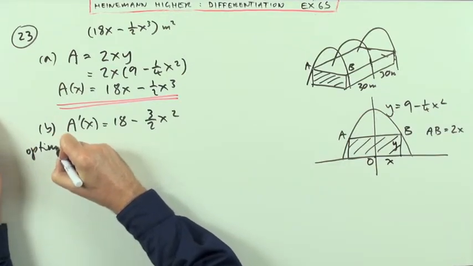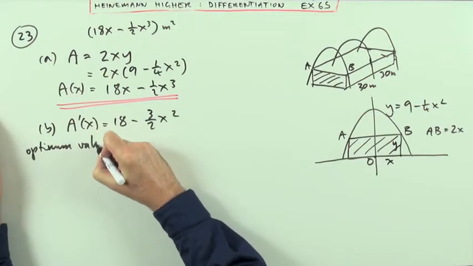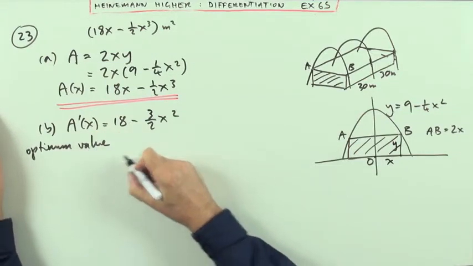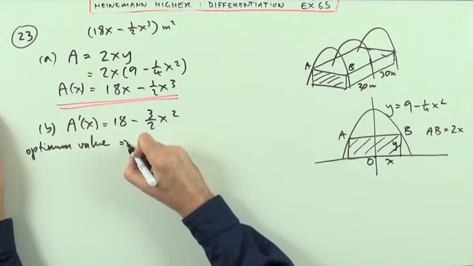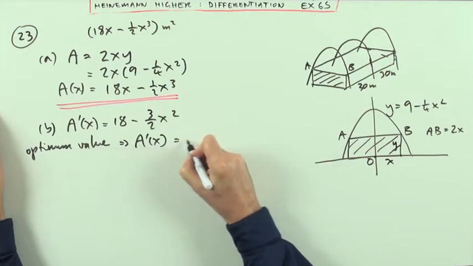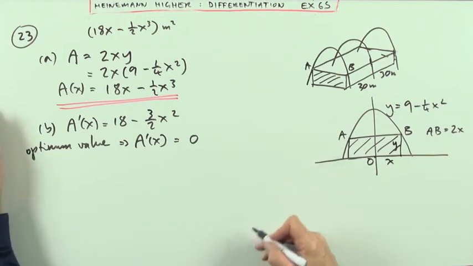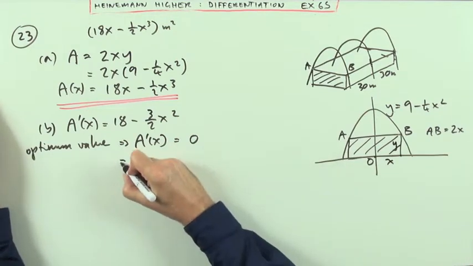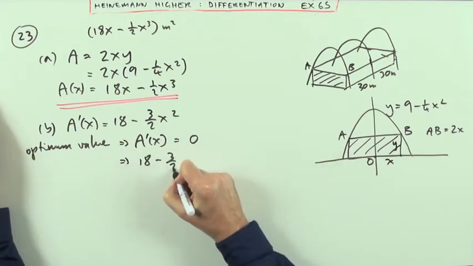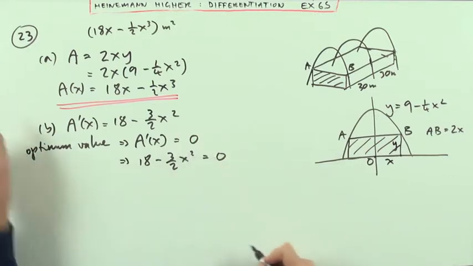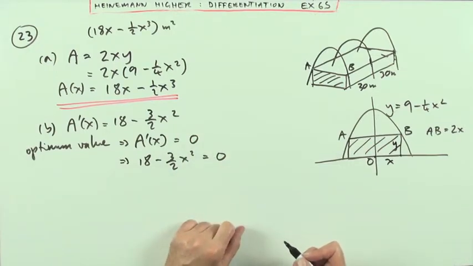And you'll have an optimum value. So same as before, just like turning points, you'll have an optimum value if that derivative is ever equal to 0, because otherwise it just keeps increasing or decreasing forever. It needs to take a turn somewhere to have an optimum. So that means I've got 18 minus 3 upon 2 x squared has to be equal to 0. Don't need to do any factorisation here.